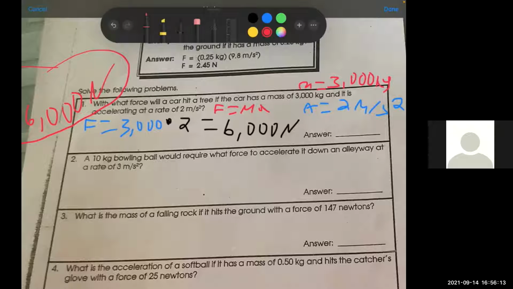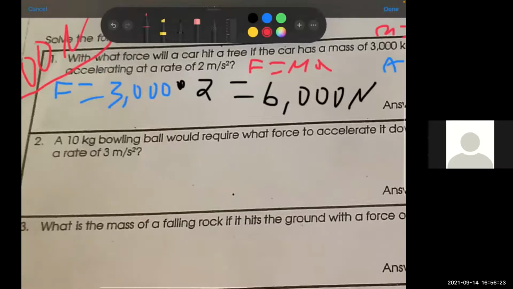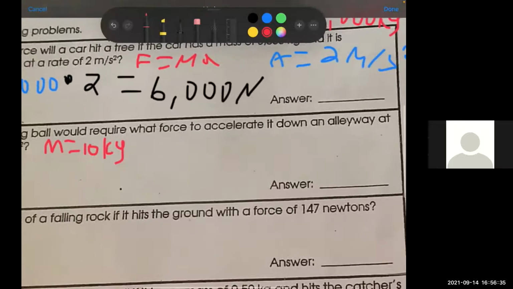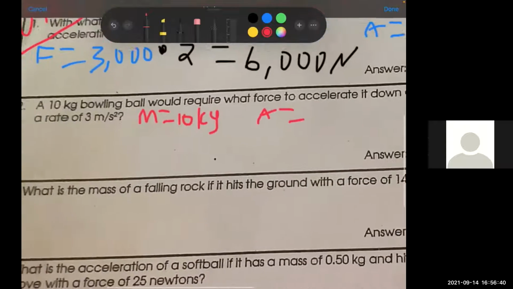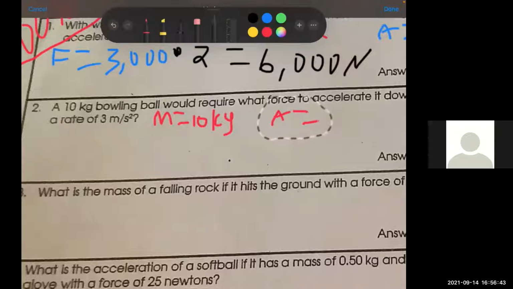Okay. A 10 kilogram bowling ball will require what force to accelerate it down an alleyway at a rate of 3 meters per second squared? So 10 kilograms is our mass, and then our acceleration will be 3 meters per second squared.